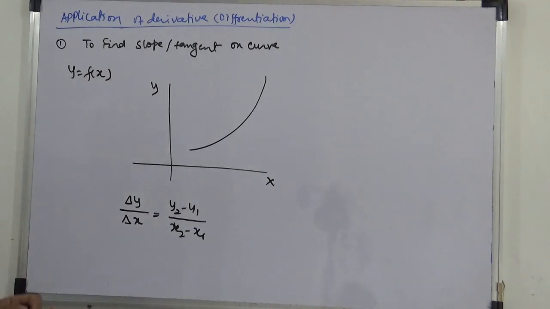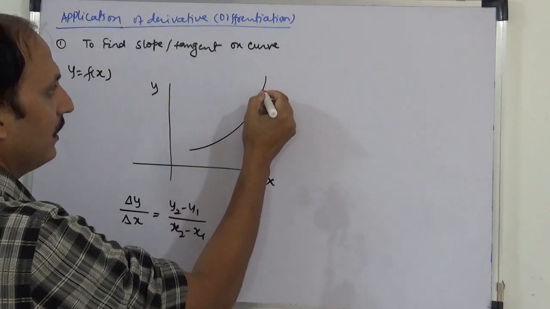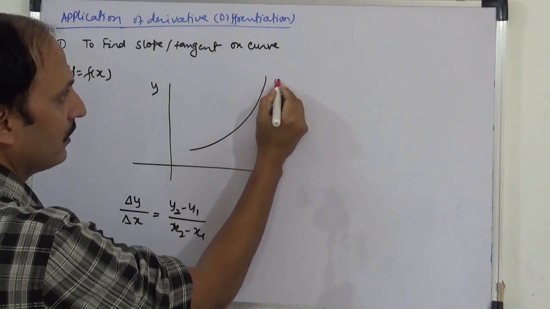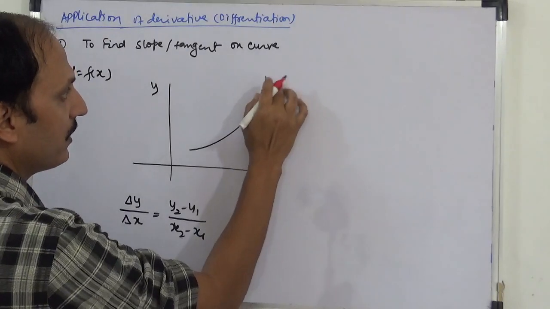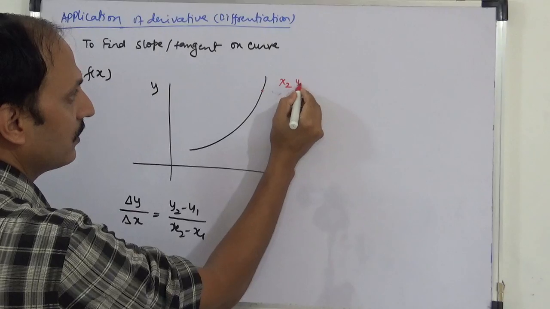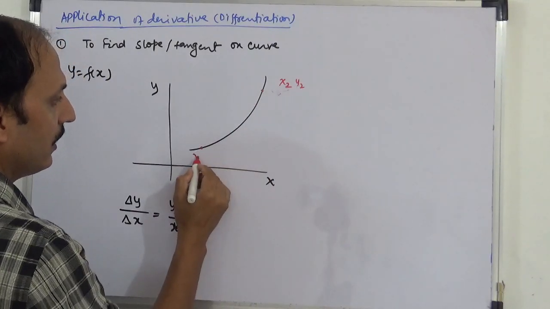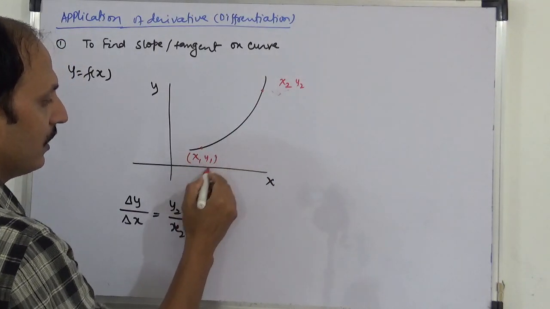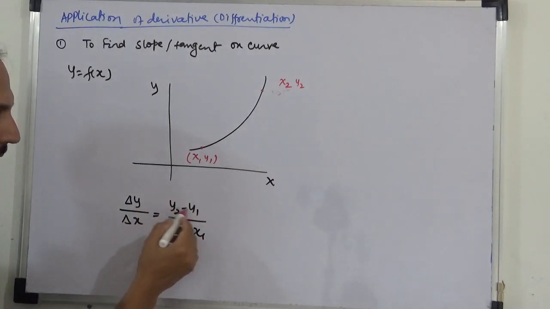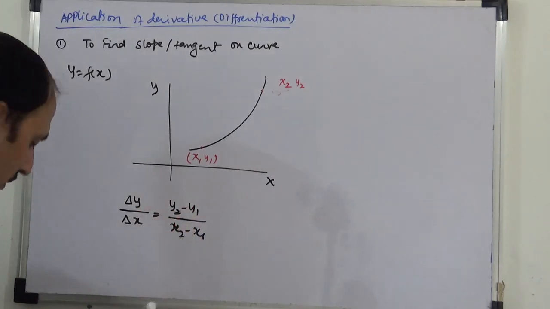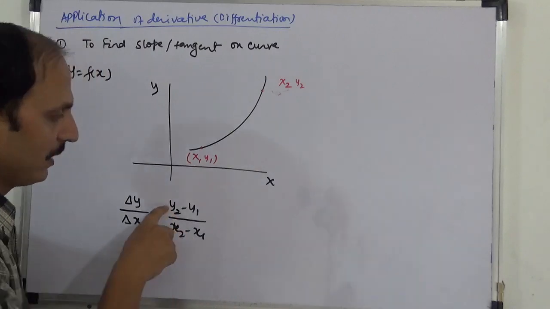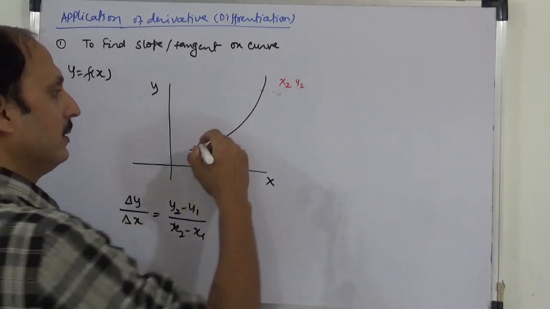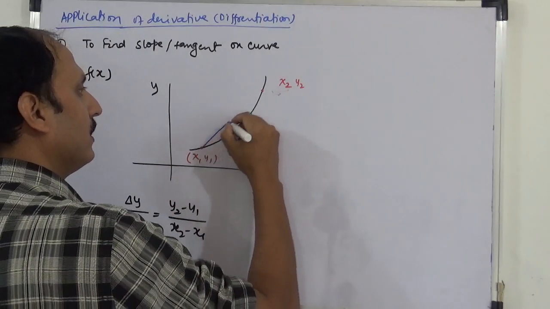Now let's say this is x2 comma y2, and here it is x1 comma y1. If you find y2 minus y1, it is just a difference of y coordinates.